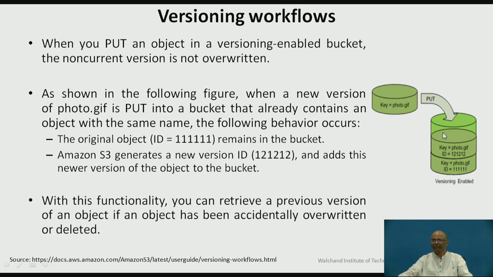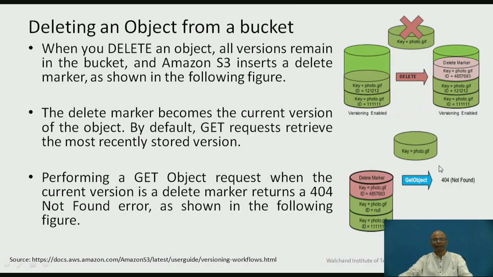Like in the example of adding something to a particular bucket: this is my previous object which is already available. After making a change to the same document, if I put it into the bucket and versioning is enabled, it will be saved with a different ID. So whenever you want, you can roll back to the respective versions at your own convenience.